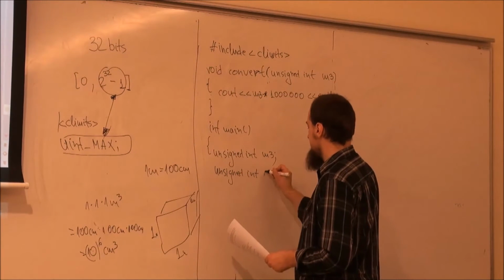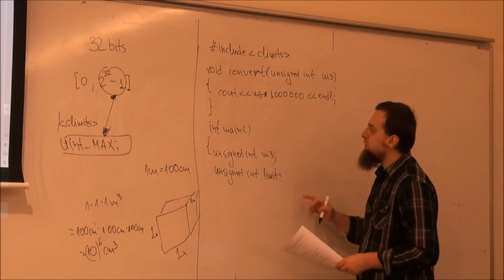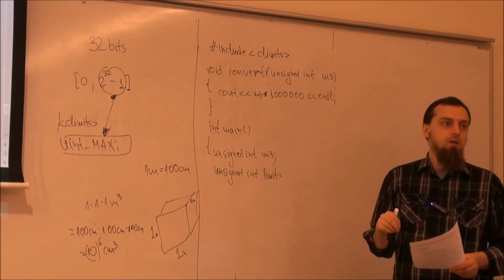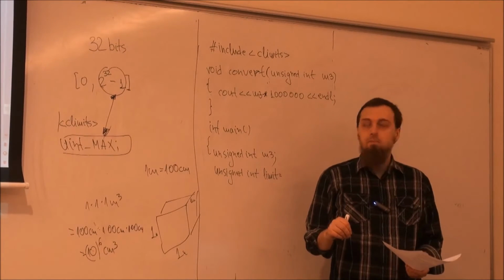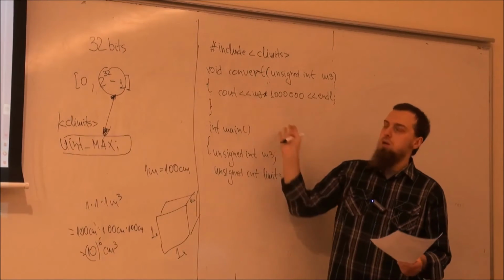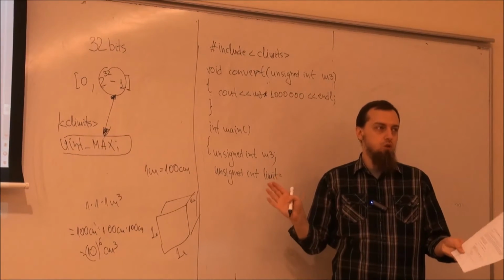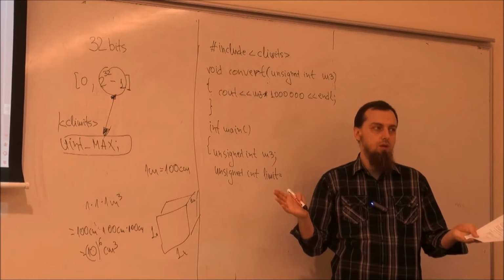That's the limit that we can give to M3. And what's the limit that we can give to M3? When we are going to pass M3 in this function, we should be sure that an overflow is not going to happen. Okay?